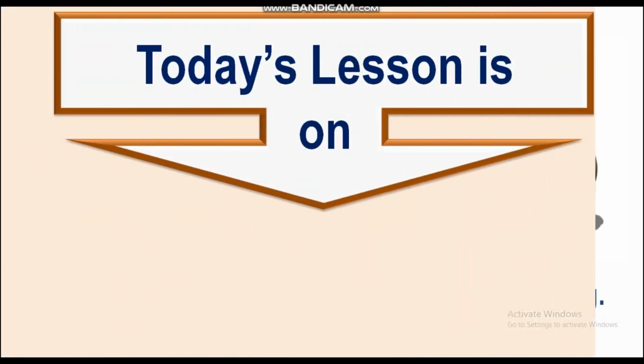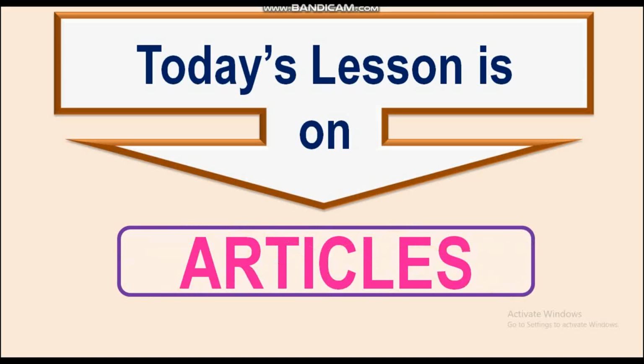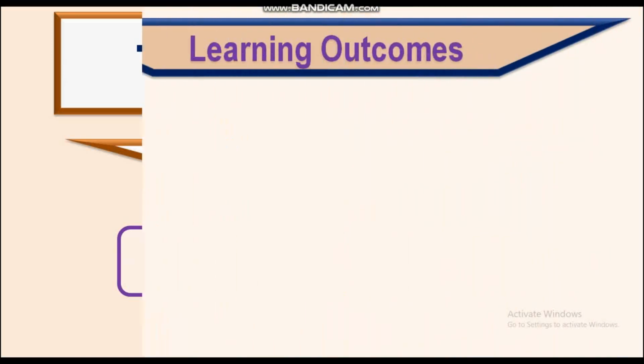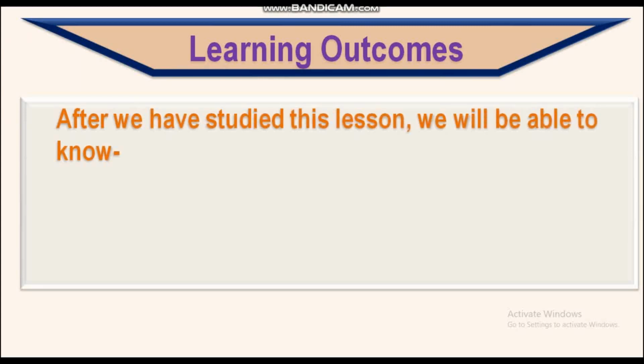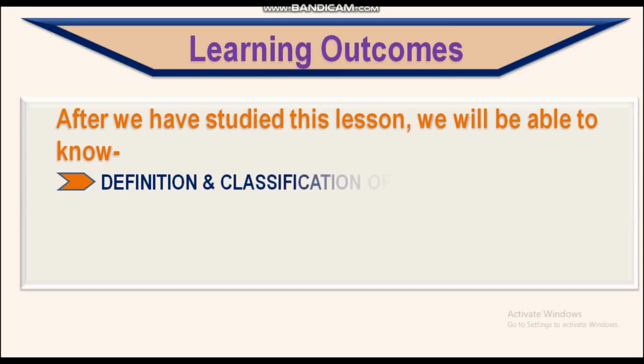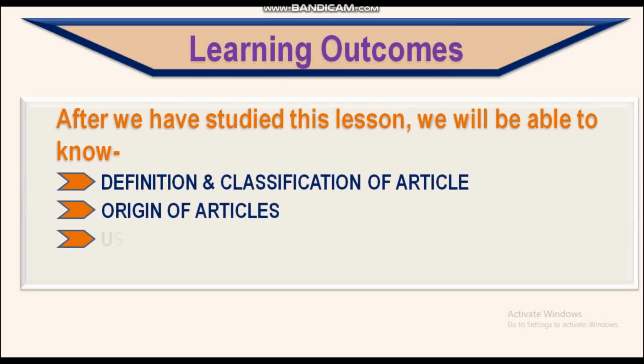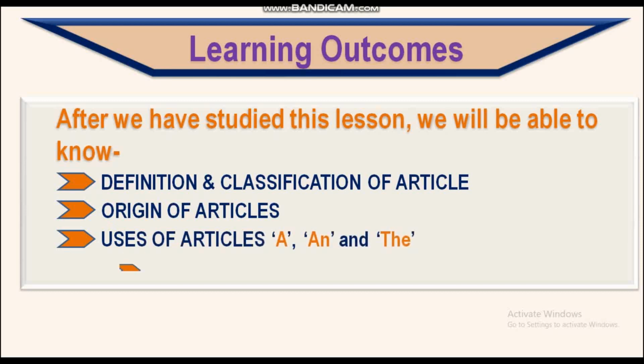So today's lesson is on articles. Learning outcomes of this lesson: after this lesson you will be able to know definition and classification of article, origin of articles, uses of articles a, an, and the, and omission of articles.